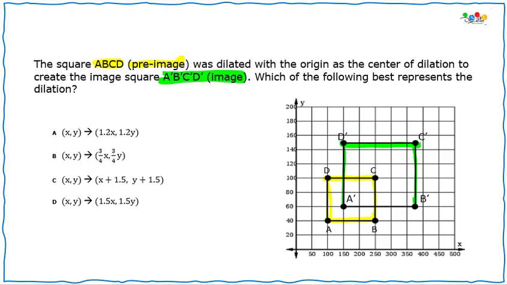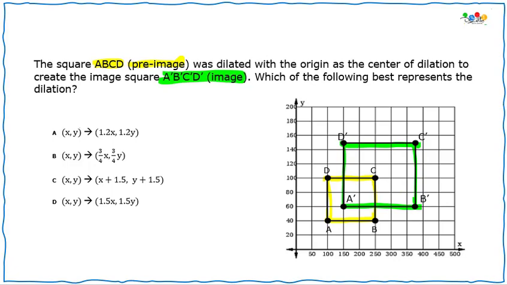So what do you notice? Is my square getting bigger or smaller? It got bigger, right? Okay. So what happened when the shape gets bigger? The scale factor needs to be what? Less than a 1 or more than a 1? It's going to be more than a 1. Very good.